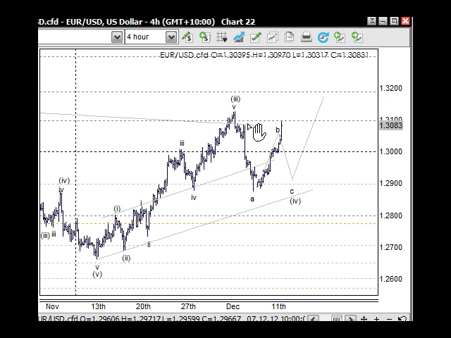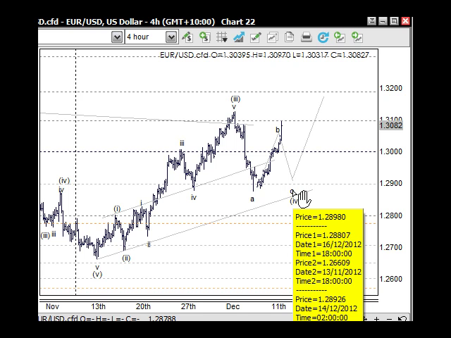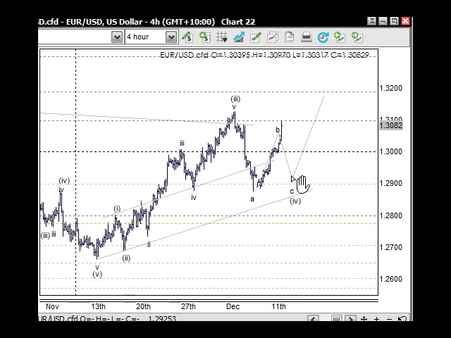So we wouldn't get this A, this B, and this C wave back through here. That's our primary count. But we just need to see how it settles in through here, because a little push up through here, making a new high here, would cancel out that being a C wave and a wave 4 here as an A and a B and a C.